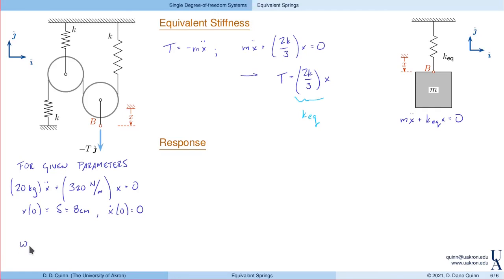Now, with these parameter values, we find that the natural frequency, the square root of 2k divided by 3m, gives me a numerical value of 4.9 radians per second. So we have the natural frequency and the initial conditions, and we can find the general response.